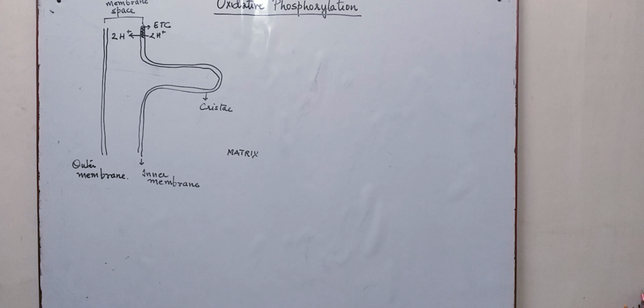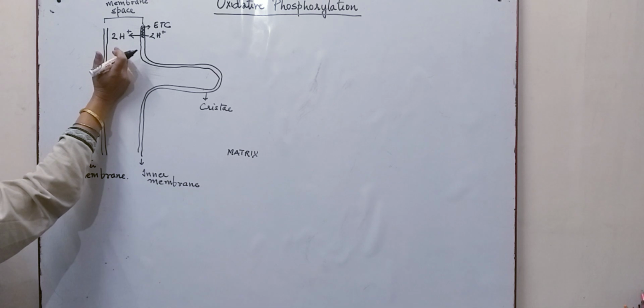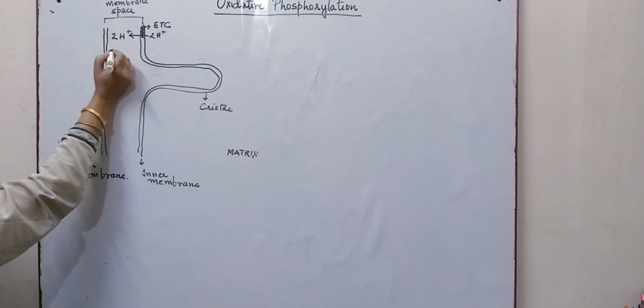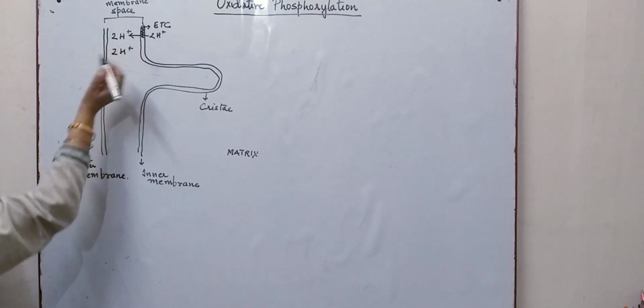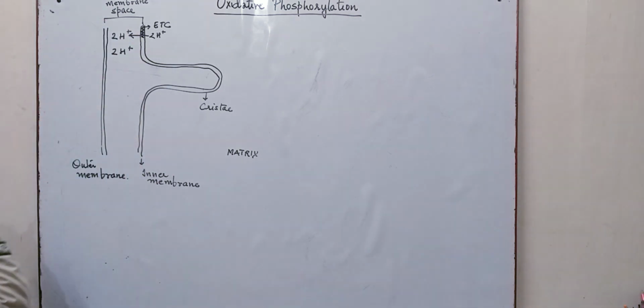Now we know that the release of a pair of electrons causes the movement of two protons. One NADH2 will produce three protons. So the protons are in higher concentration in the intermembrane space, the outer compartment.